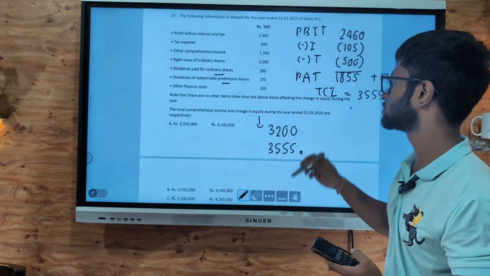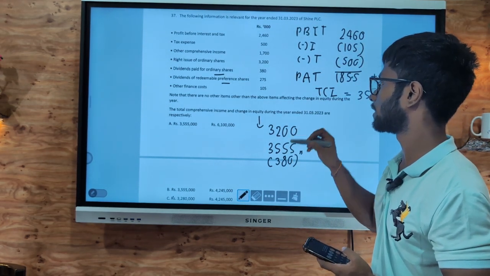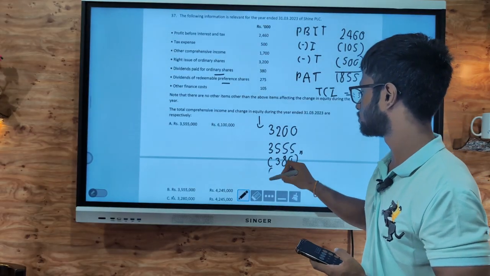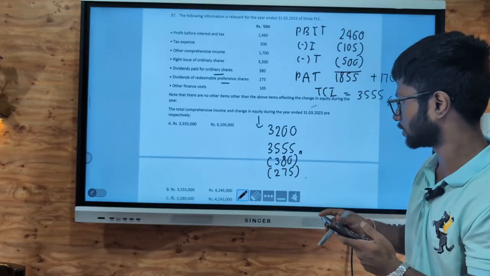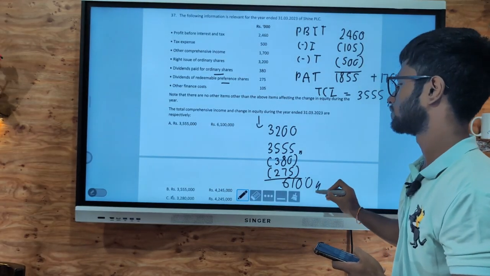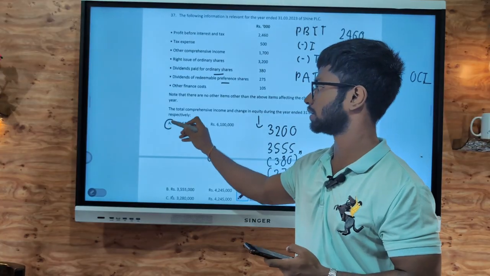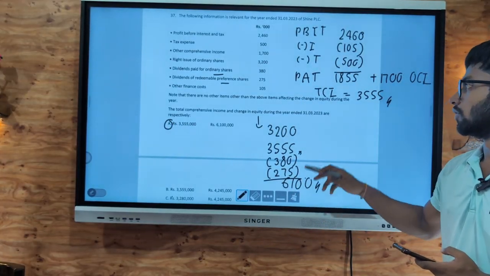So you deduct those, minus 380 and minus 275. Then you can get your equity. When you simplify, you get 6,100. So it should be answer number 8. Answer number 8. You can move on to the next question.